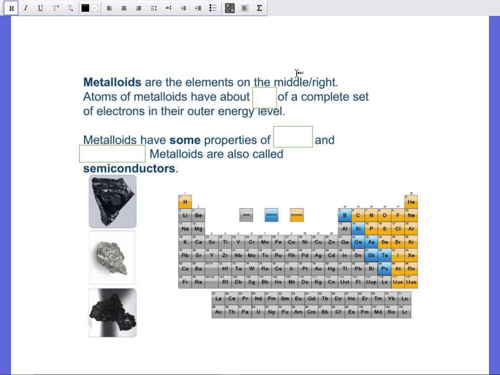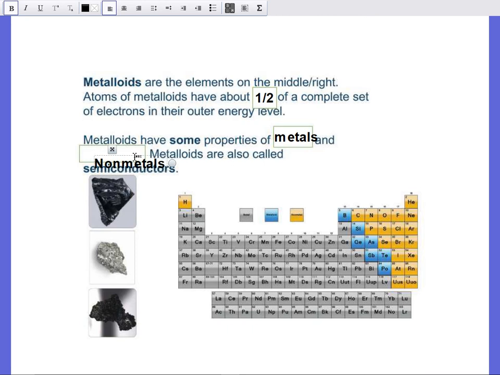Metalloids are the blue squares kind of in between the metals and the nonmetals. So metalloids have about half of a complete set of electrons. Metalloids have some properties of metals and nonmetals. So for instance, a lot of the time if you look at those pictures, they look like they're shiny.